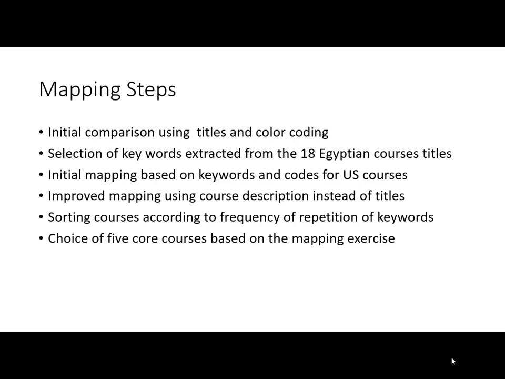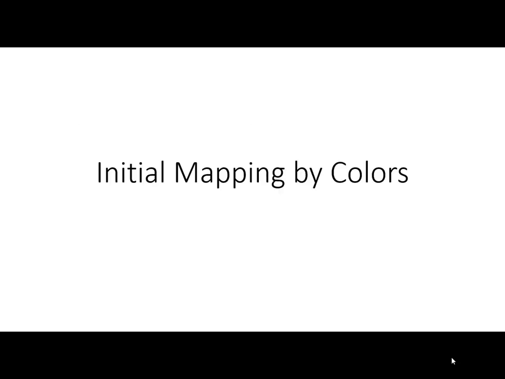We improve the mapping exercise using course description instead of titles. We sort the courses according to frequency of repetition of keywords, and we choose the 5 core courses based on the mapping exercise and the sorting of the matching table using the pivot table in Excel.